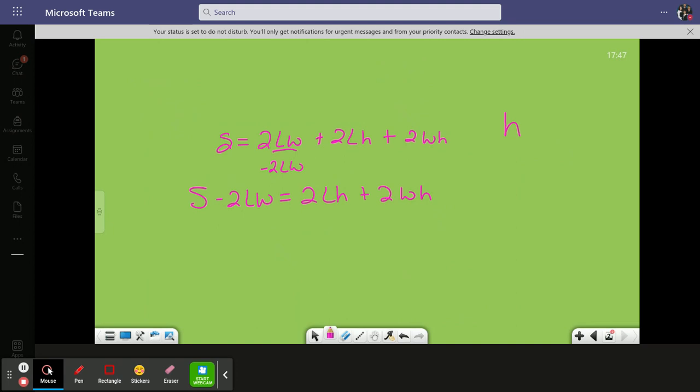If I take h out, what am I left with? If I divide the h out of that one, I have, and if I divide the h out of this one, I have h times that parentheses, right? My goal is to get that h alone. So all I have to do is divide.